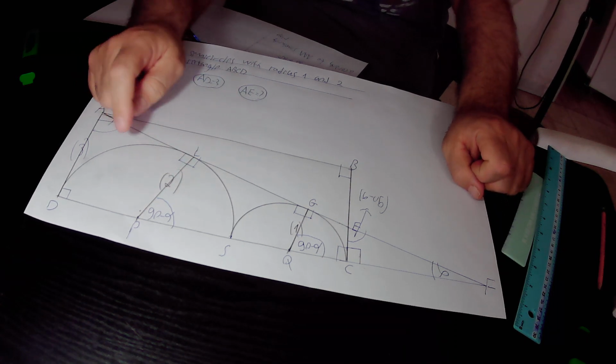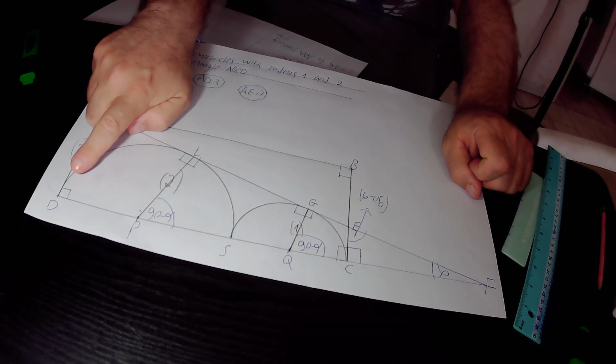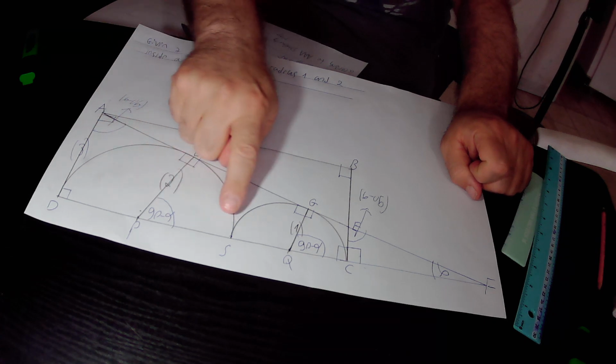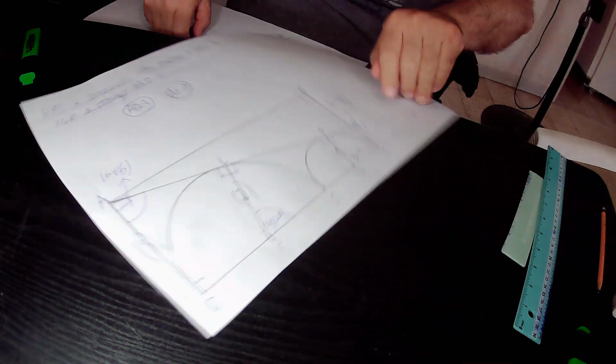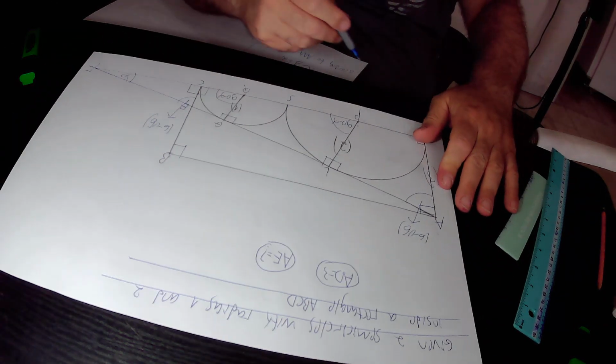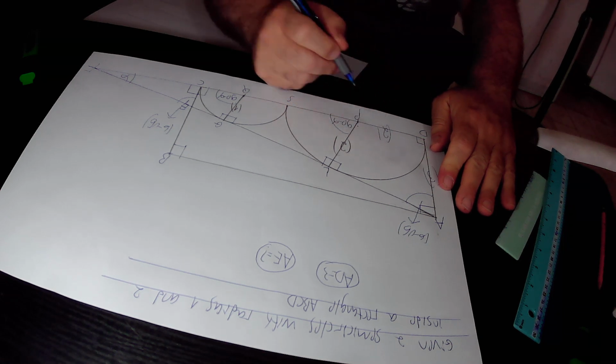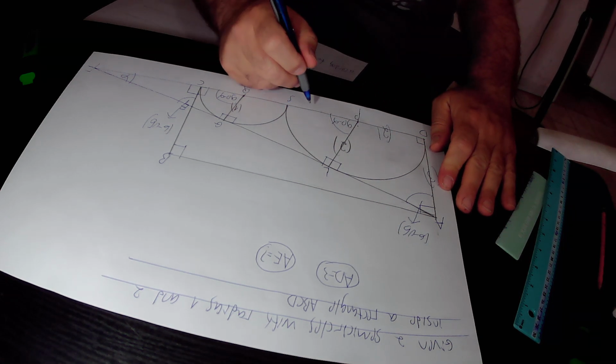First of all, we know that PD equals PS, they are both the radii of this semicircle, that is equal to 2. So PD equals 2 units in length, and PS also equals 2 units in length.